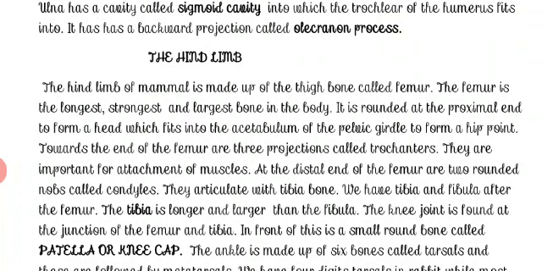It is rounded at the proximal end to form a head, which fits into the acetabulum of the pelvic girdle. That is the rounded edge of the femur, in this case, fitting into the acetabulum. The acetabulum is a part of the pelvic girdle. So the proximal end of the femur fits into the acetabulum of the pelvic girdle to form the hip joint.